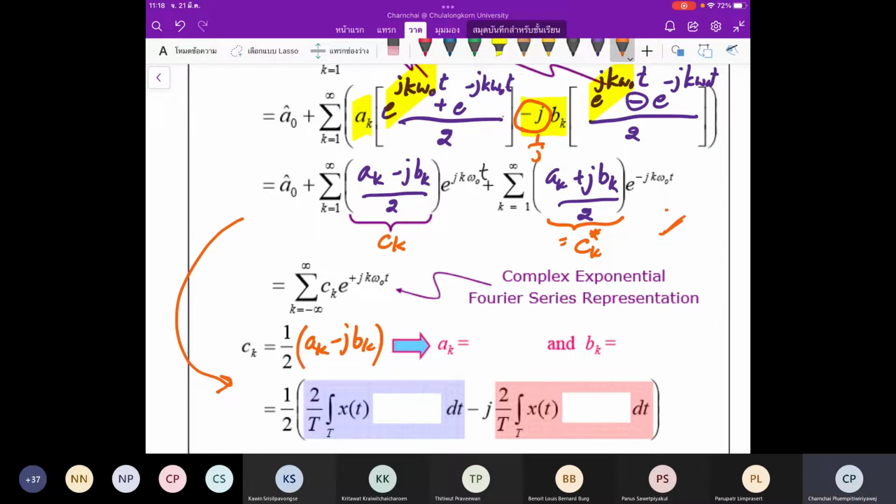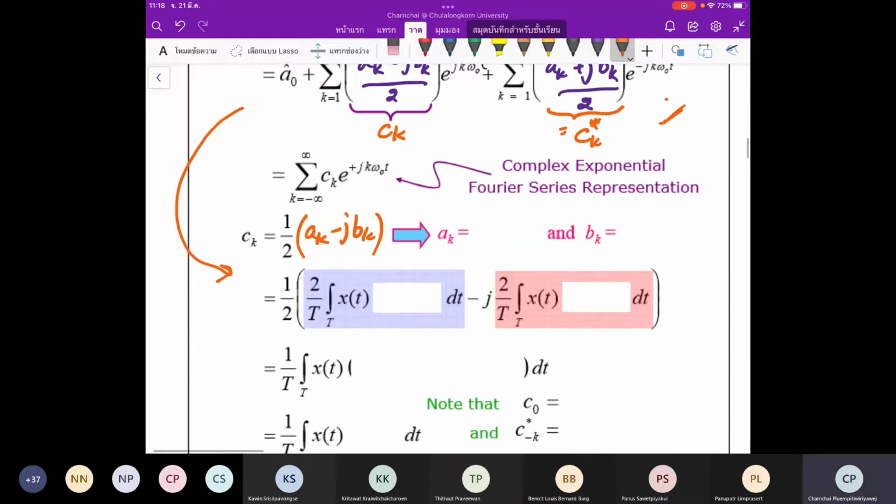We say ck is one half of ak minus j bk. So it's one half. What is ak? ak is 2 over T integral over one period T of x(t) cosine k omega naught t dt. That's the ak.